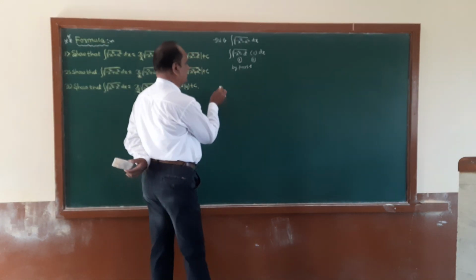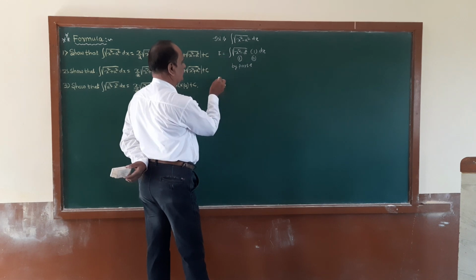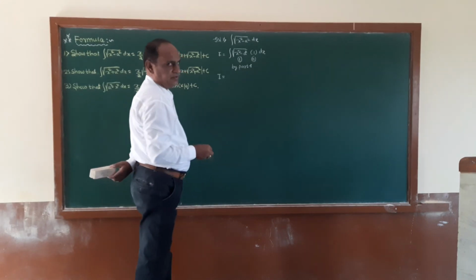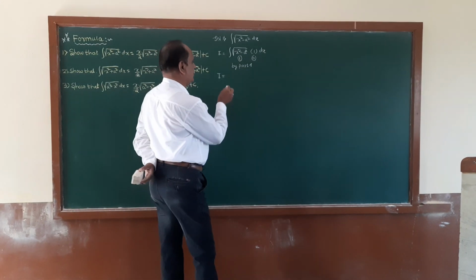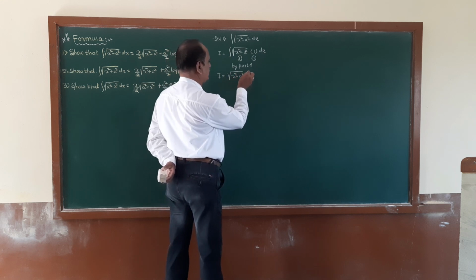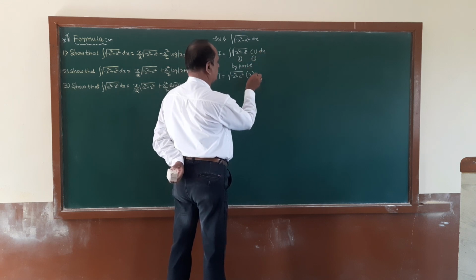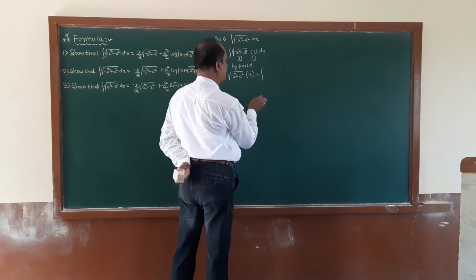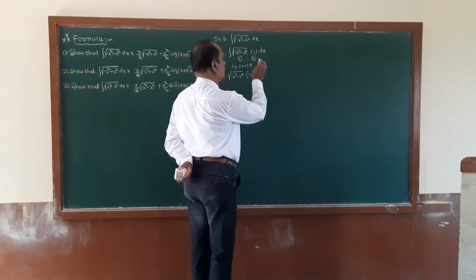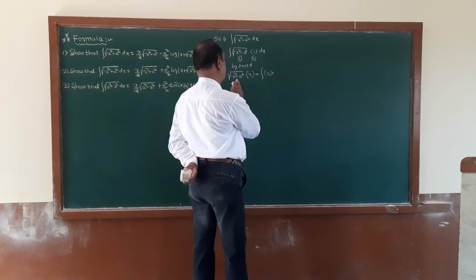Applying integration by parts, starting with I equal to the given integral, I is equal to the first function as it is, the square root of x square minus a square, into integral of 1, which is x, then minus under the integral sign, integral of the second function x into the derivative of the first function.